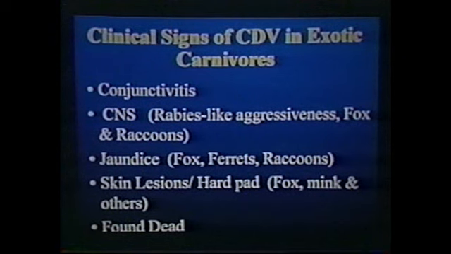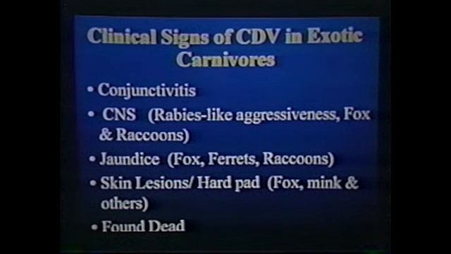The signs of canine distemper in exotic species have some variation amongst the species. Conjunctivitis is a very common sign in practically all species, but for example, clinical signs may differ. In foxes, CNS signs can be aggressive like rabies, and in raccoons it can also be aggressive, as opposed to rabies.